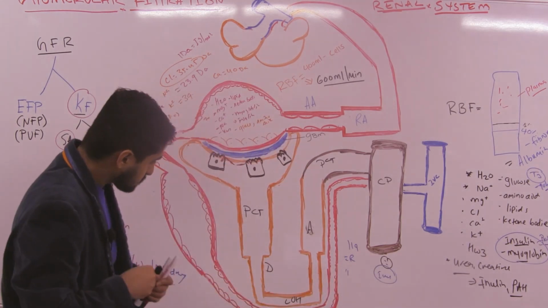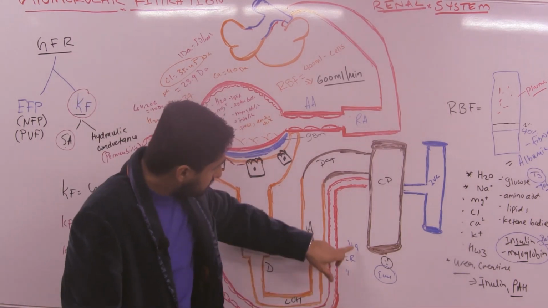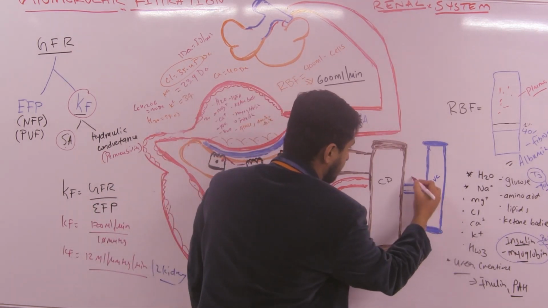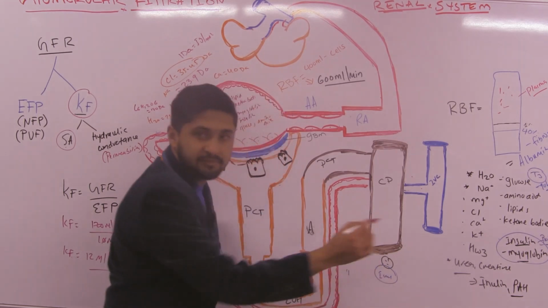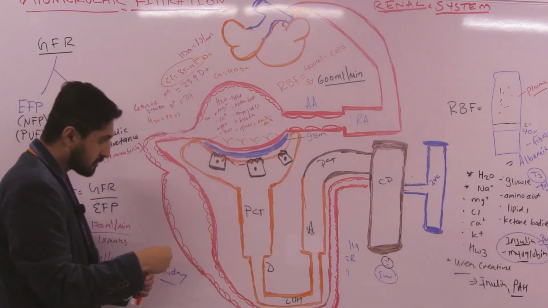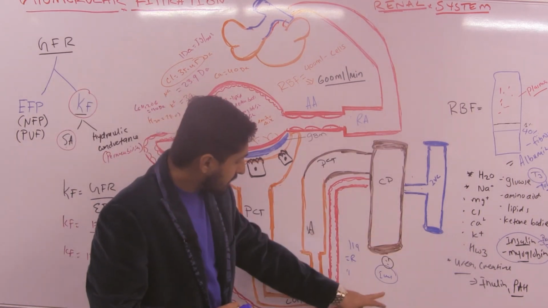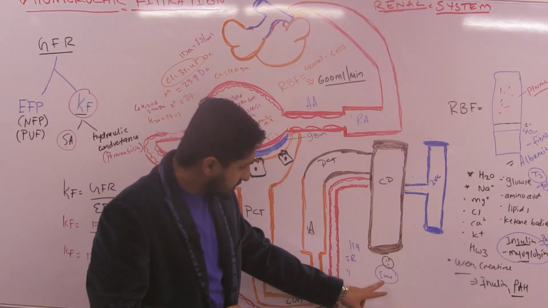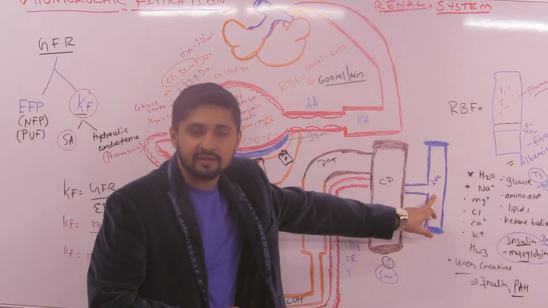Remember one more thing though. Whatever your excretion is in the urine, this excretion plus the 119 that gets into the renal veins and then goes to the inferior vena cava, okay? Whatever amount drains in the renal vein plus the urine has to be equal to what was filtered from the plasma, okay? So remember, 120 ml got filtered out, right? That has to be equal to this 1 ml, which is the excretion or urine, plus what drained into the inferior vena cava, okay?